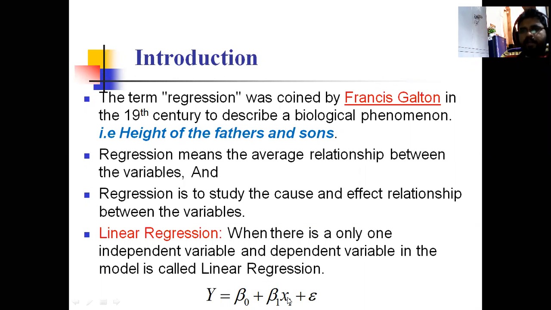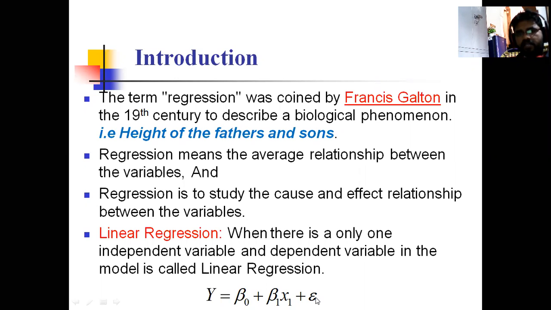X1 is the independent or explanatory variable, and epsilon is the error term, also called the stochastic term, random term or disturbance term. There are around 5 names for the error term.